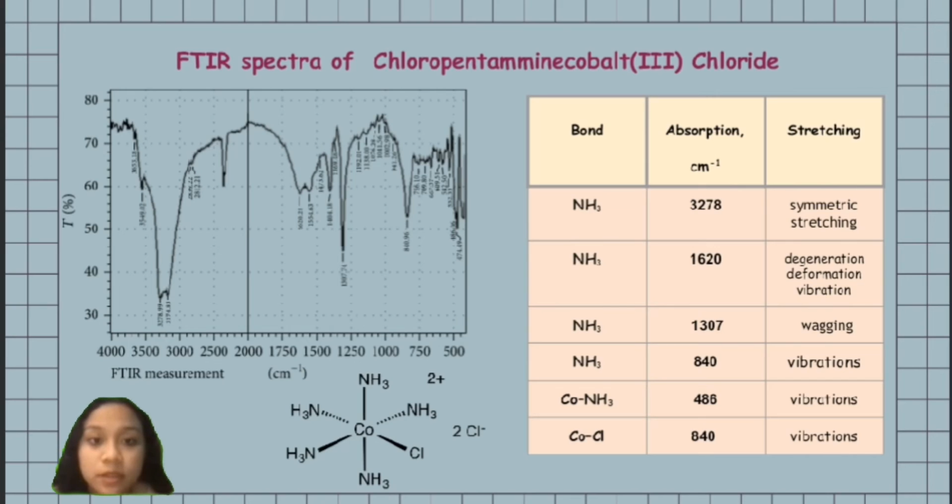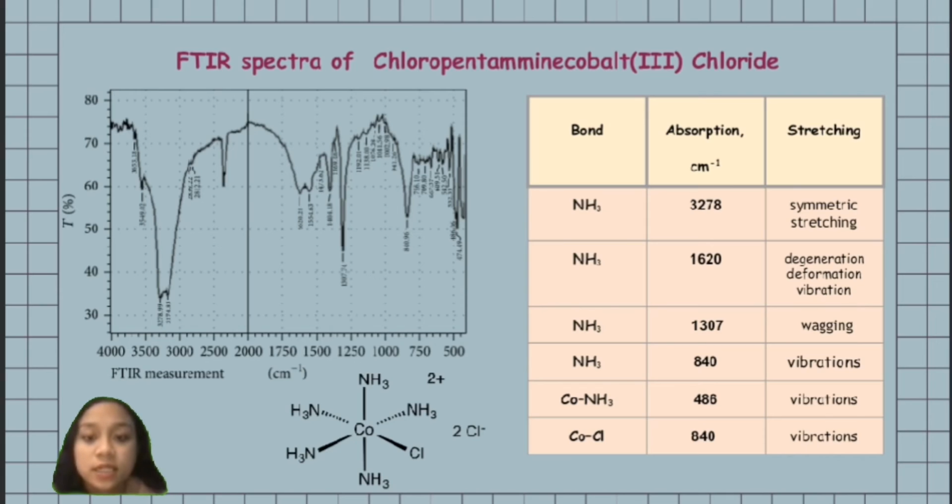In the spectra of chloropentamine cobalt 3 chloride, we can find an NH3 band at the absorption of 3278 for the symmetrical stretching. And there is another NH3 band at the absorption of 1620 for the degenerate deformation vibration.